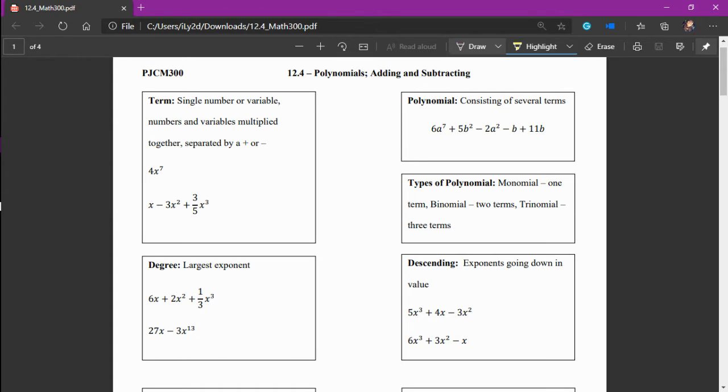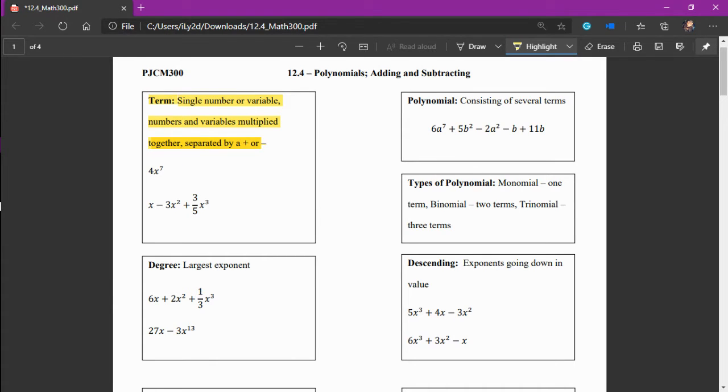Okay, so I actually want to highlight first. The first thing I'm going to do is start on this left-hand side. So I'm going to define what a term is.